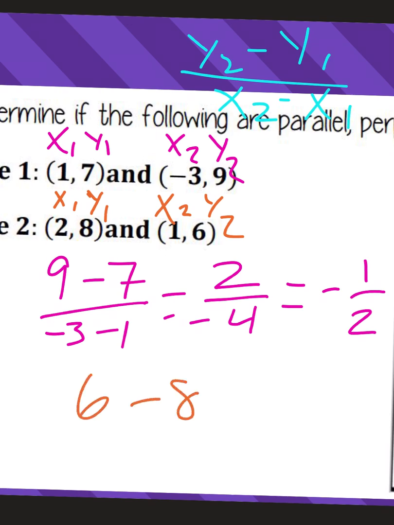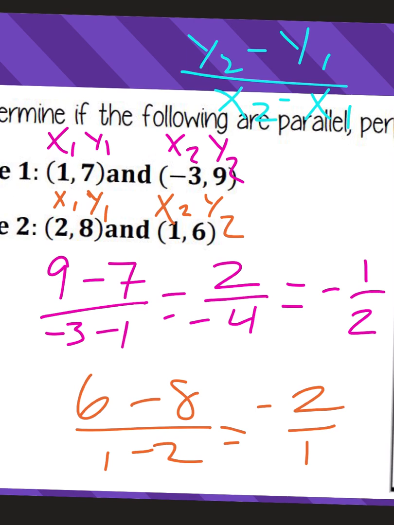6 minus 8 over 1 minus 2. That's negative 2 over negative 1, which equals 2, but let's leave it as 2 over 1 right now. Is it perpendicular? Oh, it is. 6 minus 8 is negative.